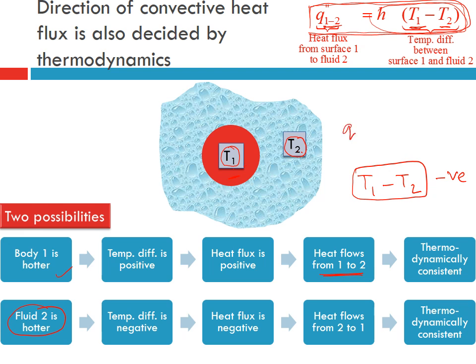So Q 1 to 2 is negative. What does that mean? That heat flow from 1 to 2 is negative. That means heat really flows from 2 to 1. And that is again thermodynamically consistent because in this case T2 is hotter, so heat should go this way.